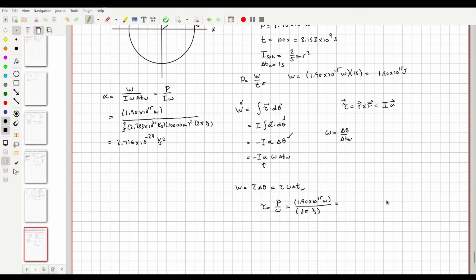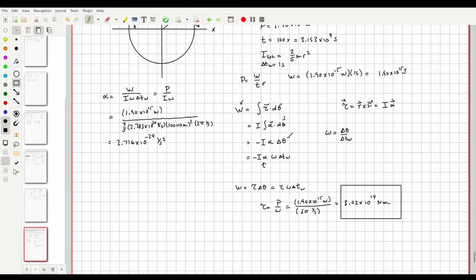So if you do that, I get 3.02 times 10 to the 14th Newton meters. So there's my torque. So that answers that.